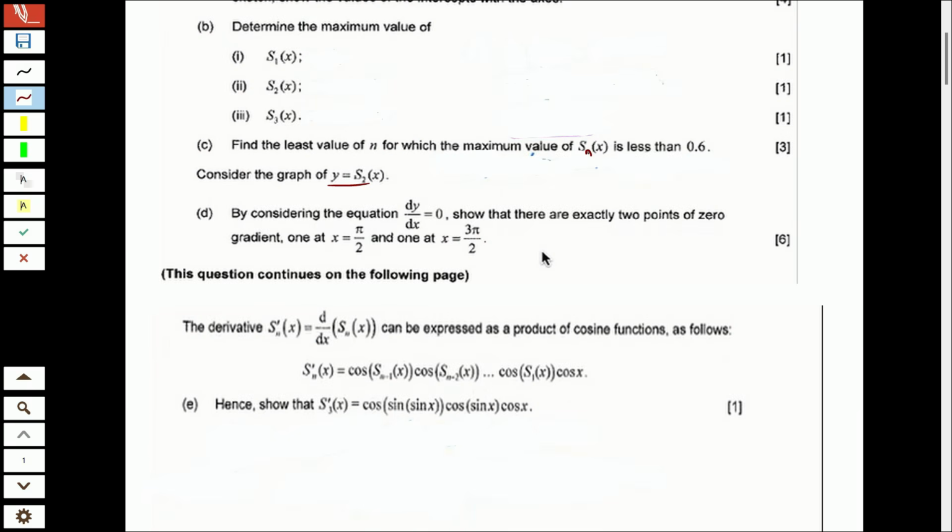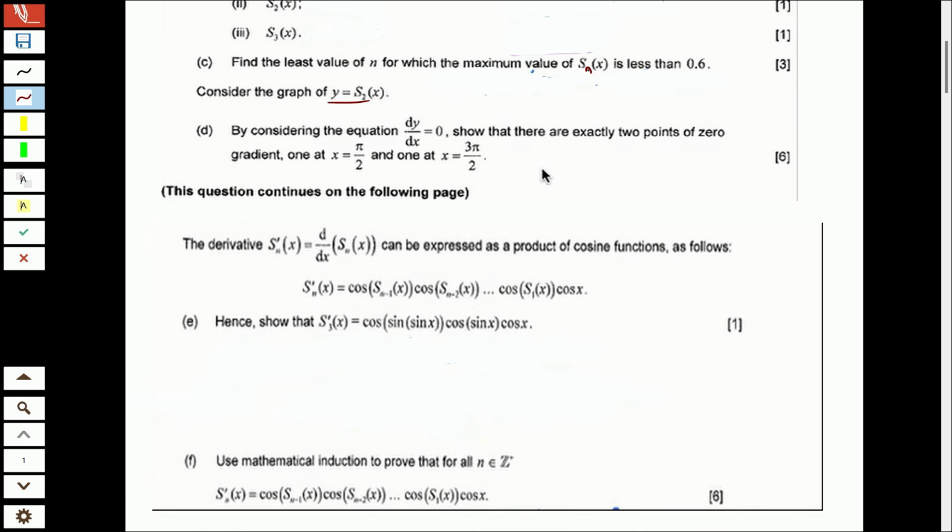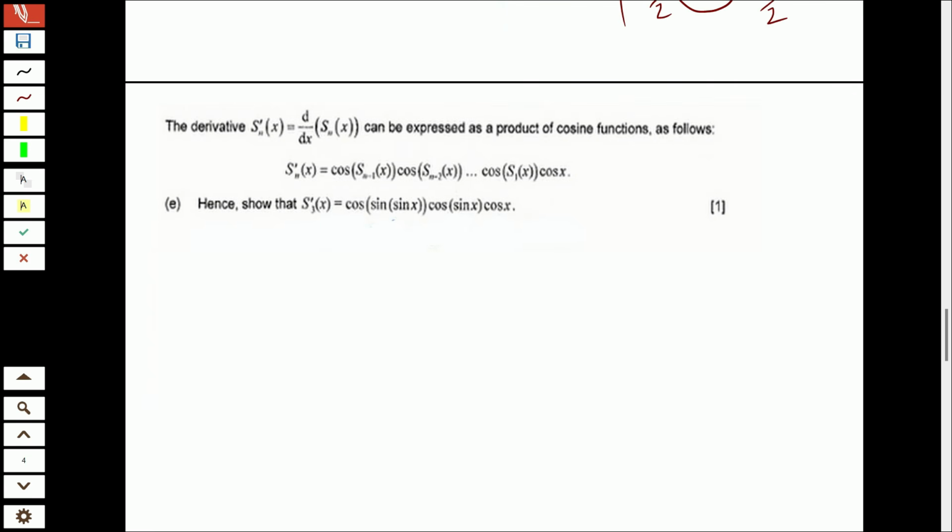The next question: the derivative of S_n can be expressed as a product of cosine functions as follows. Show that this holds for S_3, the derivative of S_3. So we will just replace n with 3 in this expression. It's already given to us.